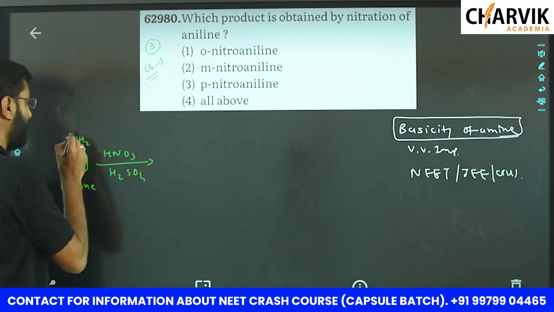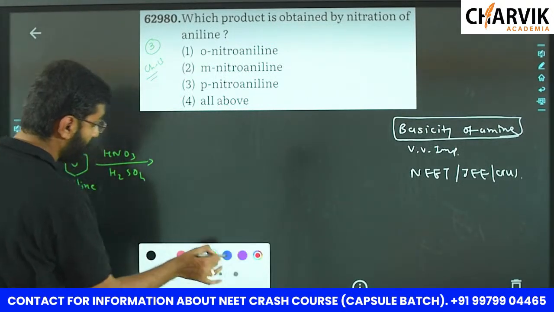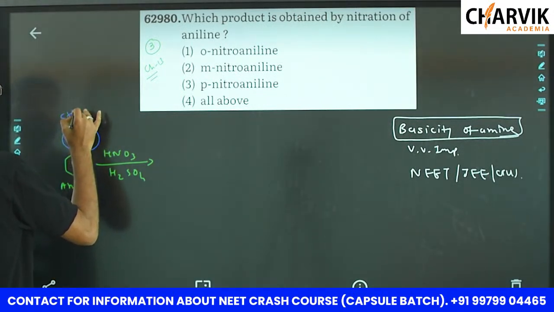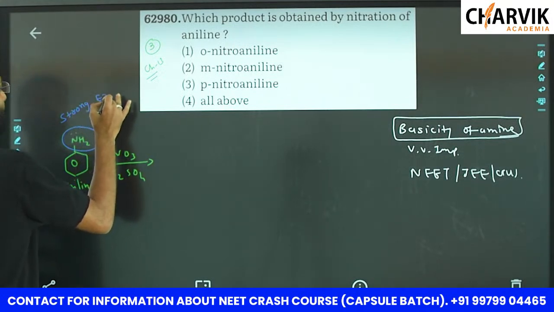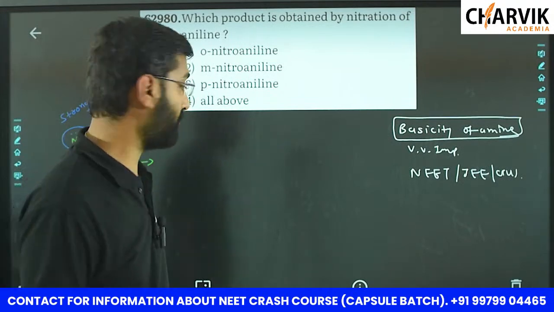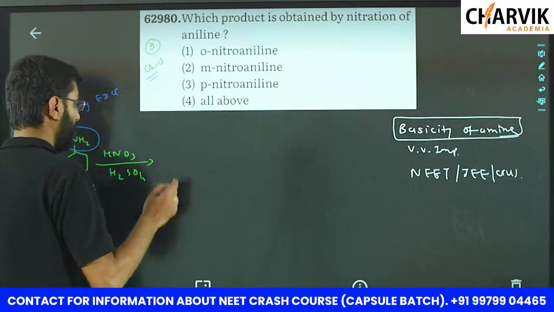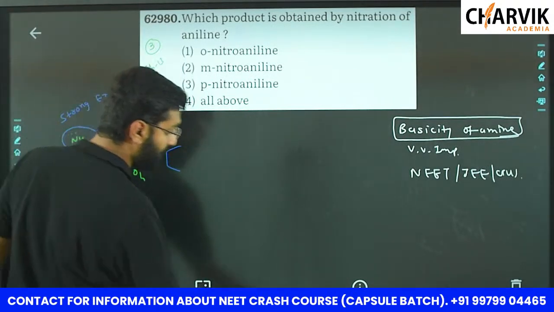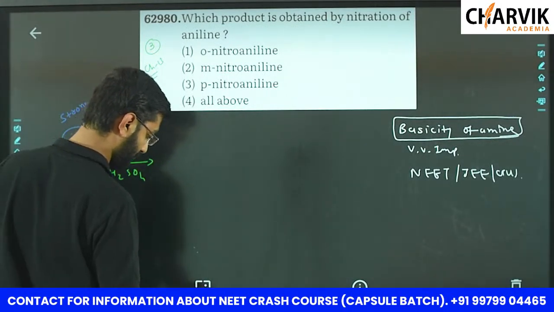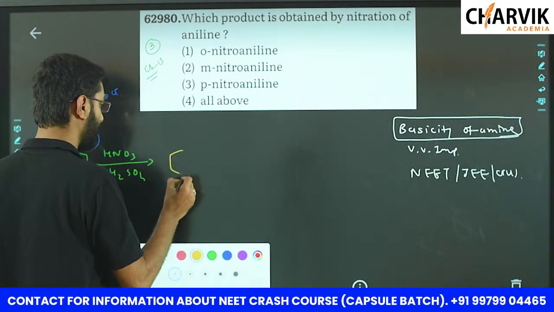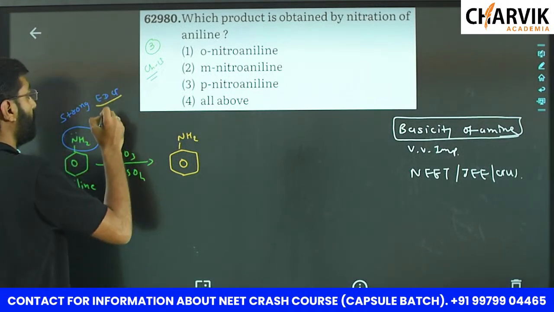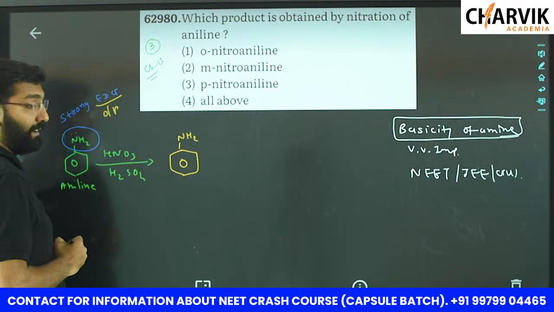And you know very well that the NH2 group is a strong electron donating group. Then you will get ortho and para product, because electron donating groups are ortho para directing groups.